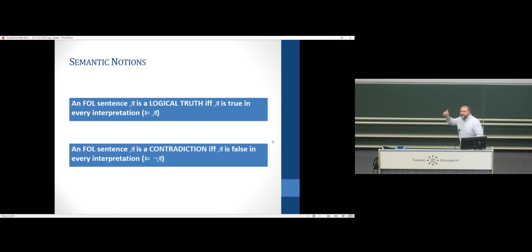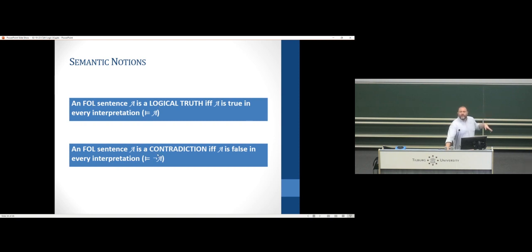A tautology was defined in terms of valuation. A logical truth is defined in terms of an interpretation. This tells us basically there's no model that's going to make the sentence false. No matter how you extend the predicates, no matter what you take the extension of the predicates to be, your sentence always comes out true.